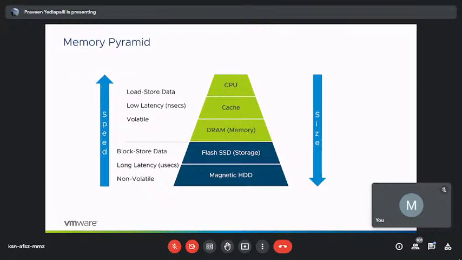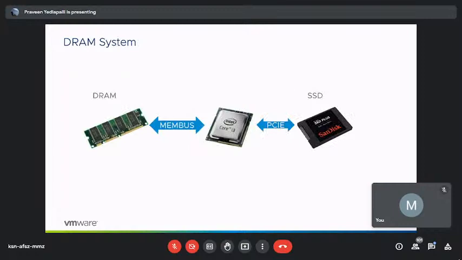So how does this memory and storage sit in a system? On the motherboard, there is a place for CPU and there is a place for DRAM DIMMs. There are slots already, and you can insert DRAM DIMMs into those slots. Between the CPU and DRAM, there is a very high speed bus called membus. Similarly, there is a place on the motherboard to insert this SSD, and that is connected to the CPU through PCIe bus.